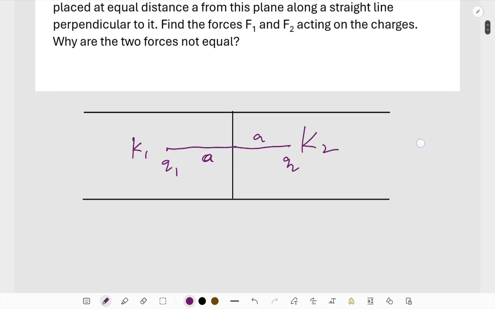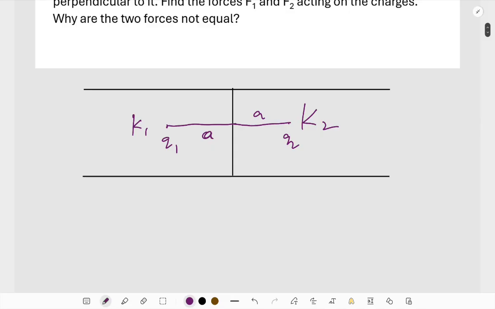The net force acting on charge Q1, I'm not going to solve it. In fact, I'm going to write down simply the answer, because this is not part of the plus 2 syllabus. You need to learn many things, some mathematics and some physics, to solve this problem.